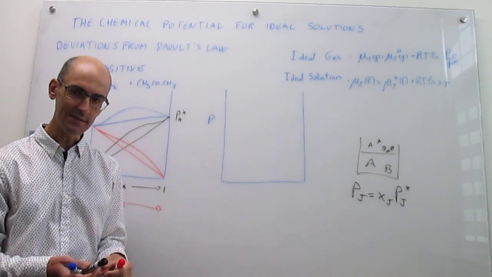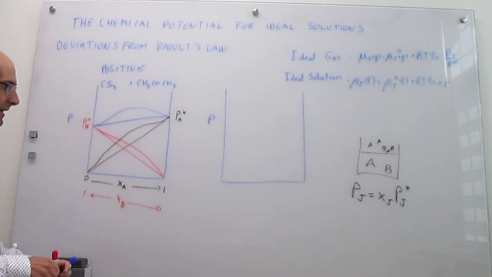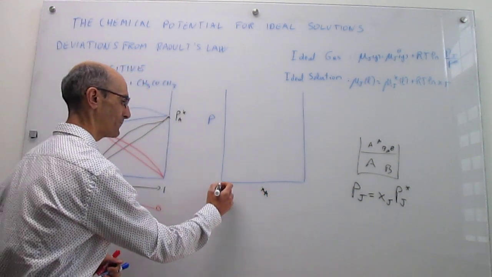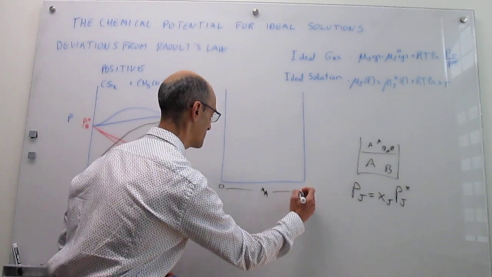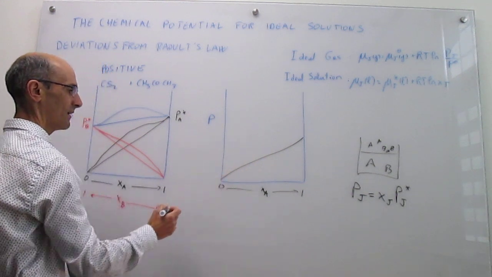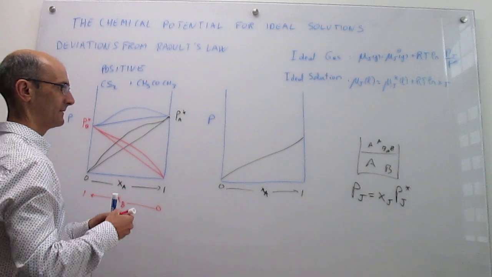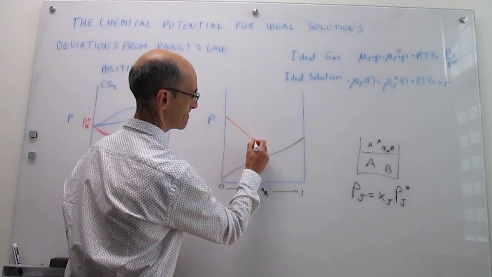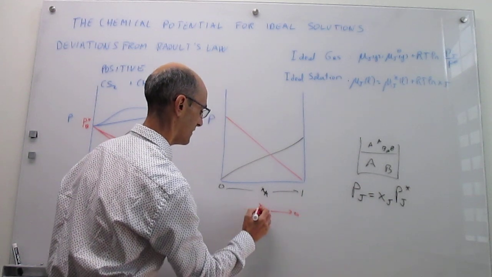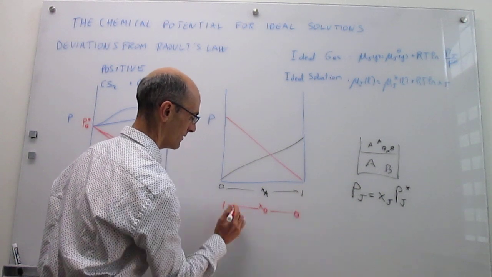And of course, you guys can anticipate what's going to happen for a negative deviation, which will be exactly the opposite. So let's redraw here a few. First, we're going to start with Raoult's law predictions, which I'm going to draw like this for component A, and then I'm going to draw like this for component B. X would be 0 and 1, starts from 0 and goes all the way to 1.